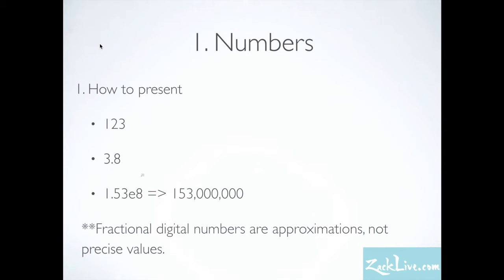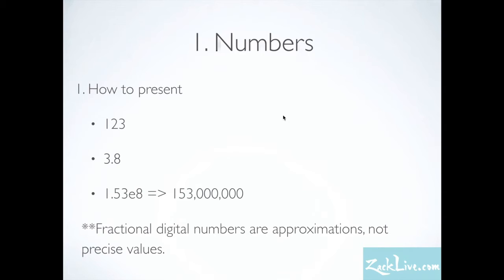First of the 6 types is the number type. Numbers are what you already know, just numbers. There are 3 ways to present numbers in JavaScript. The first way is without decimal points, like 1, 2, 3. The second way is with a decimal point, like 3.8.